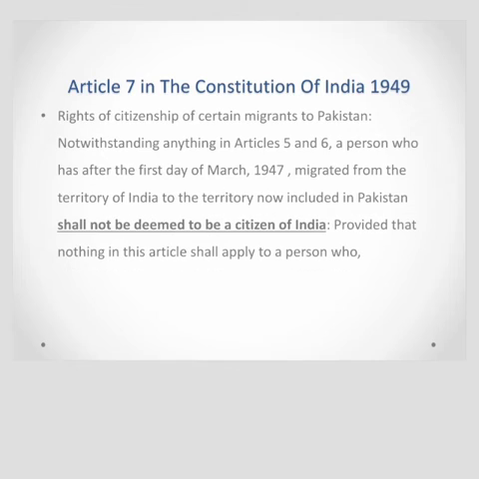Let us go to Article 7, which speaks about persons who have migrated from India to Pakistan. Simply they lose their citizenship. They are deemed that they are not citizens. The persons who have migrated from India to Pakistan by 1st March 1947, they lose their citizenship.